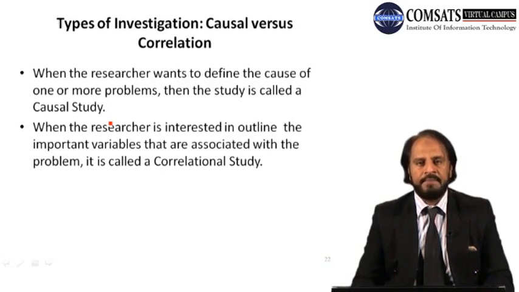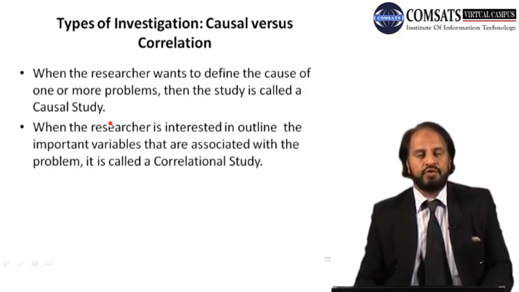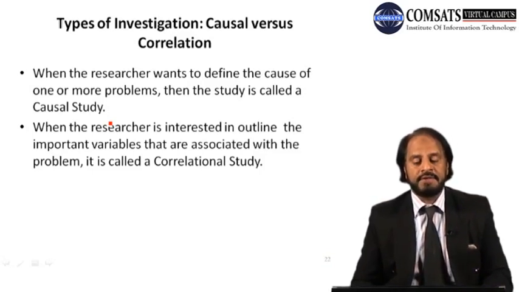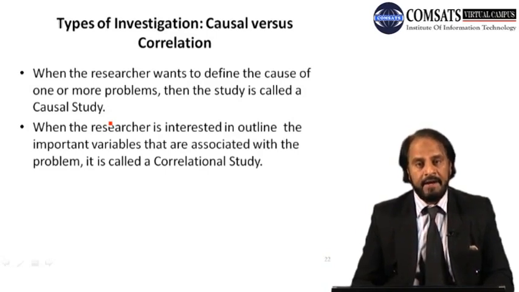A correlation study will consider different factors influencing the dependent variable, and we study these factors simultaneously to see the effect on the dependent variable. So if you're focused on just one variable, then the type of investigation is causal. Whereas in the other case, the type of investigation could be correlation, where multiple variables are studied and their influence on the dependent variable is being studied.